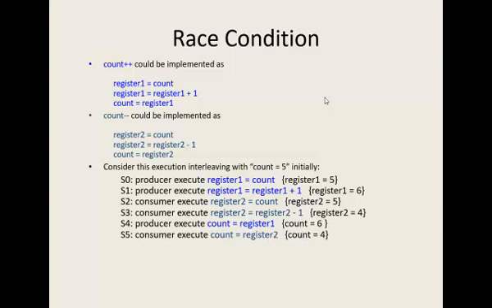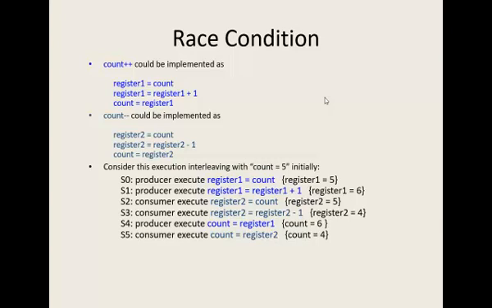You can see count is initialized to a particular value, and when one process starts its execution, it has to complete. Otherwise, if we stop it at the beginning or in the middle of the execution and start the next one, we may end up giving a wrong answer.